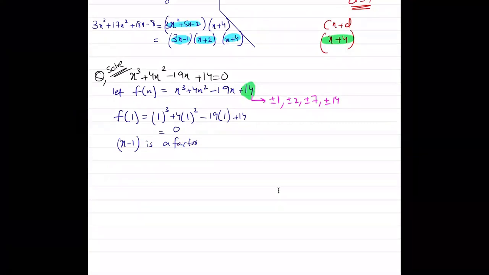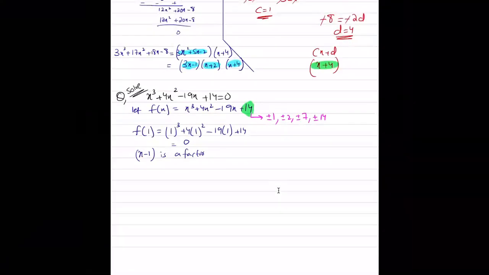Alright. So once you know that x minus 1 is a factor, you can just go for long division again. So x cubed plus 4x squared minus 19x plus 14 is being divided by x minus 1.